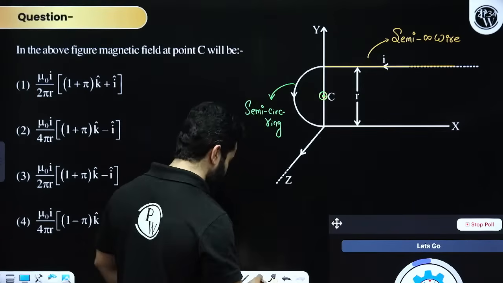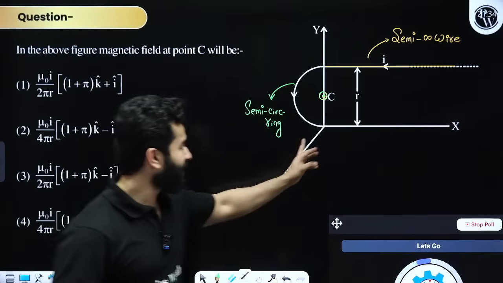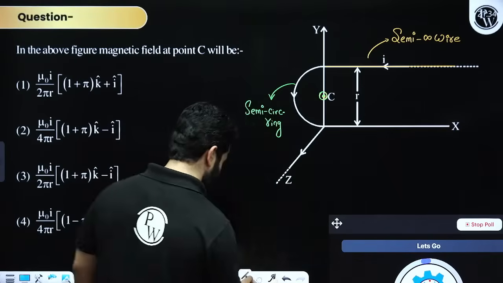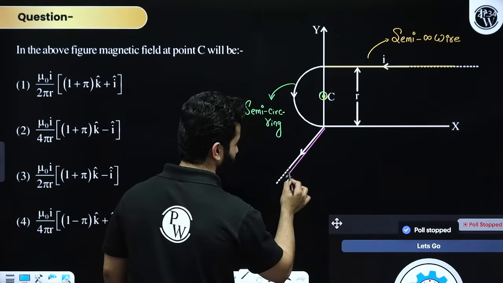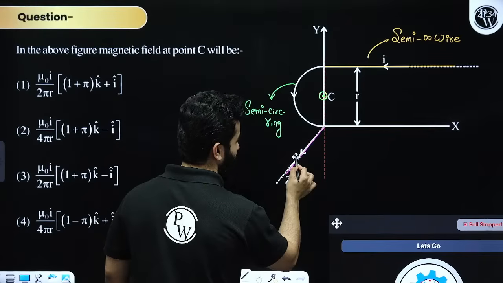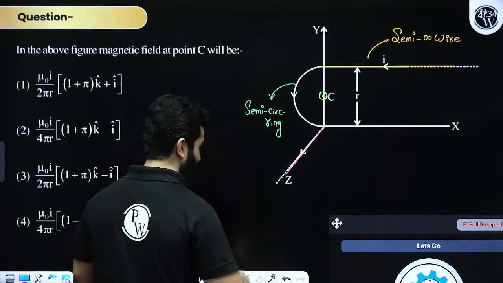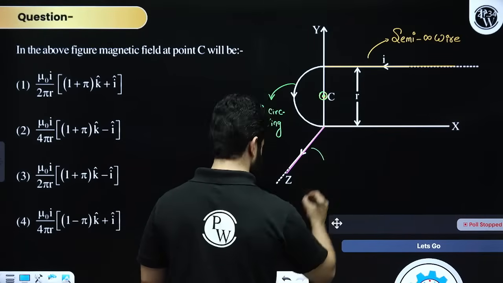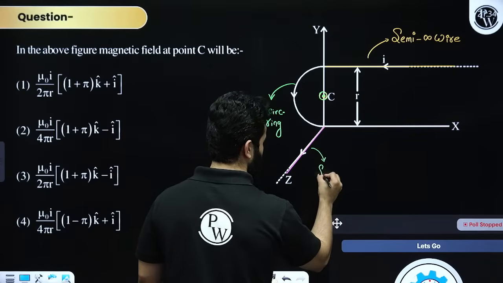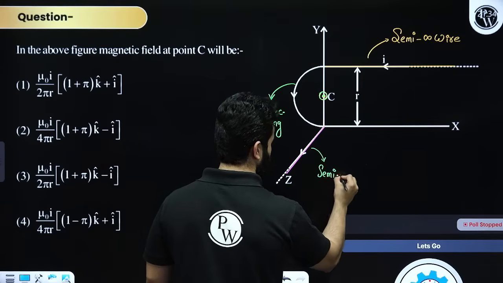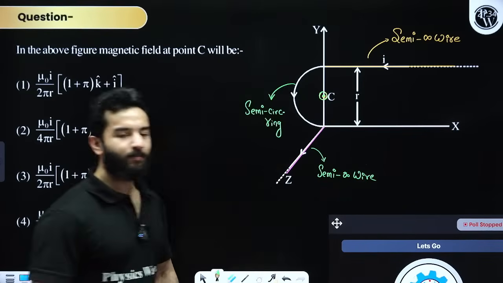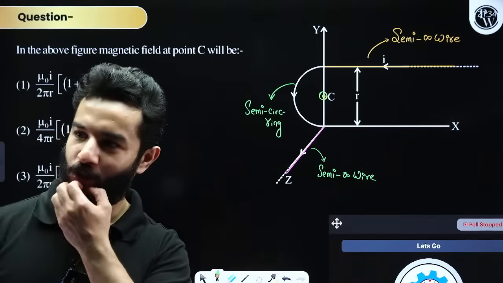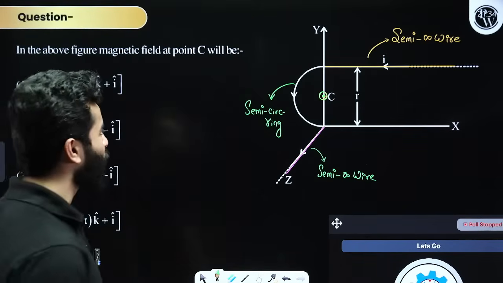Then, this is the x-axis, please note, and you have another straight current carrying conductor over here, again a semi-infinite wire. Clear, doston? Hopefully everything is sorted till here.